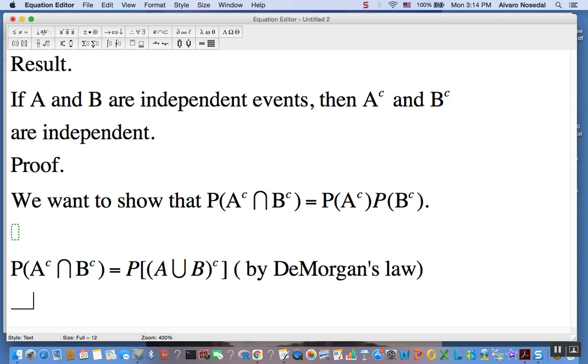Now, the left-hand side is the probability of an event complement, right?